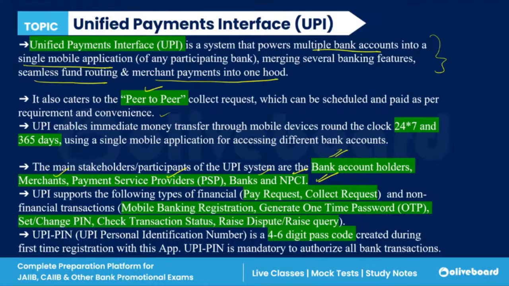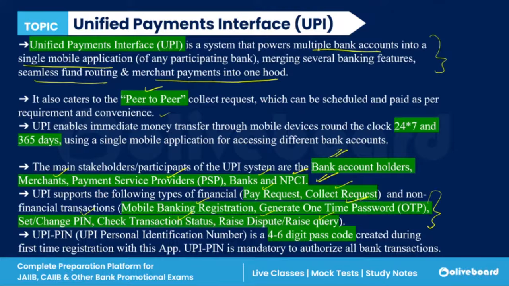Financial services, like you can pay or collect a payment request, or non-financial transactions like mobile banking registration, creating a one-time password, setting and changing the PIN, checking the transaction status, raising disputes, and raising inquiries. These are all things done by the Unified Payments Interface.